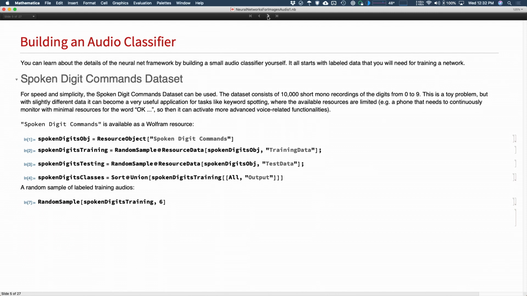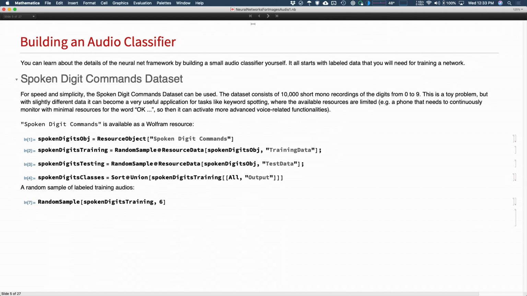All we need to start is labeled data and a network. As for labeled data, we will use the spoken digit commands dataset, which is in our resource system. It is essentially the equivalent of MNIST. It's a collection of recordings of people speaking the digits from 0 to 9.